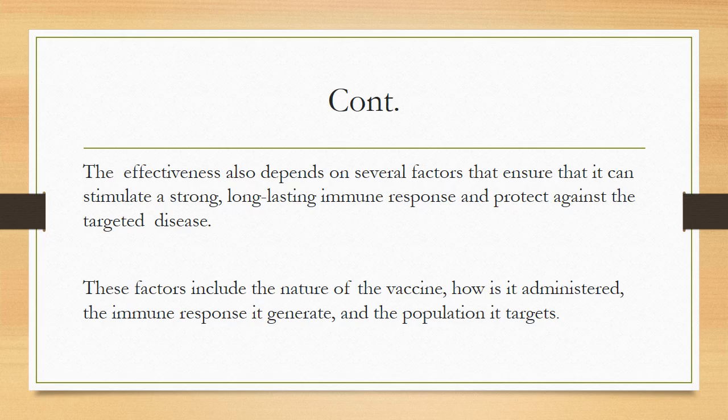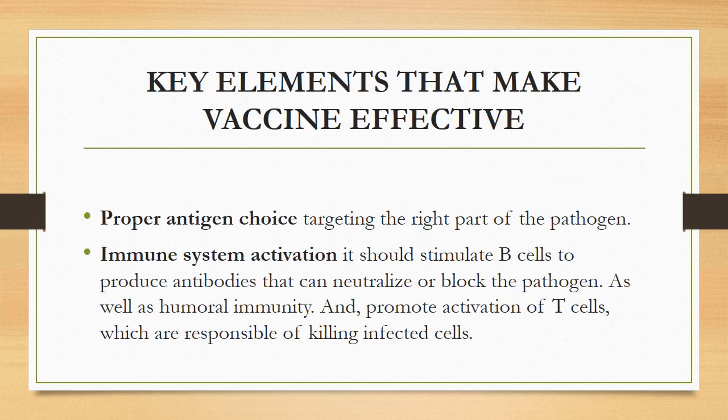So how the vaccine is administered will be a factor which makes the vaccine effective. Also, the immune response it generates and the population that the vaccine targets will make the vaccine effective.